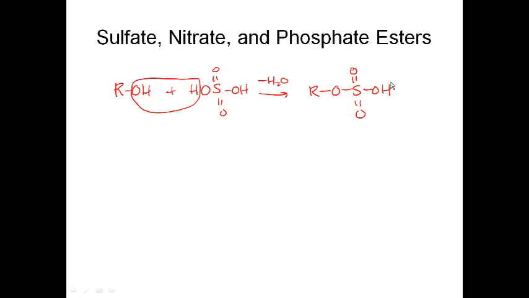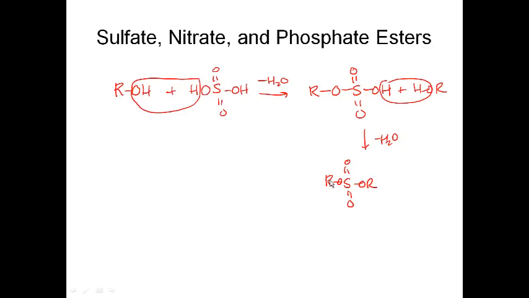And then couldn't we do that again with the reaction of, let's say, another equivalent of alcohol, so that we could lose another molecule of water to then give us the sulfate. And so we can actually do that, and we can form sulfate compounds.